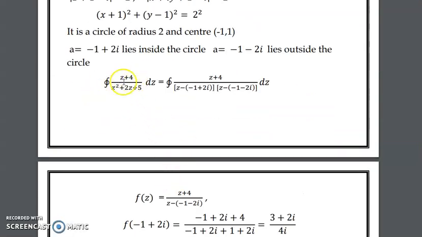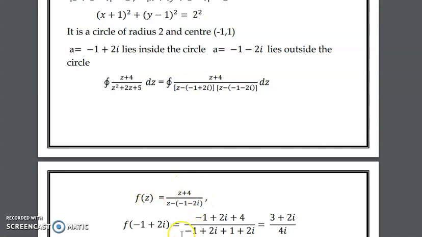So integral z plus 4 divided by z square plus 2z plus 5 dz equals integral z plus 4 divided by z minus of minus 1 plus 2i, next one, z minus of minus 1 minus 2i, into dz. So f of z here is z plus 4 divided by z minus of minus 1 minus 2i.